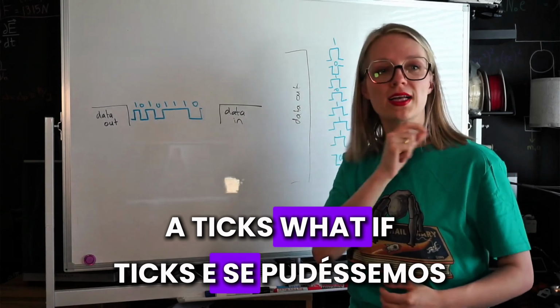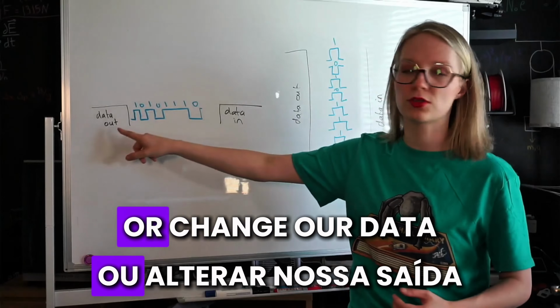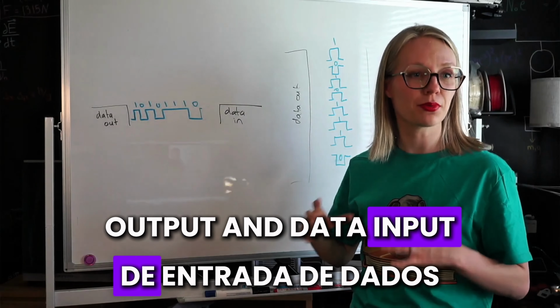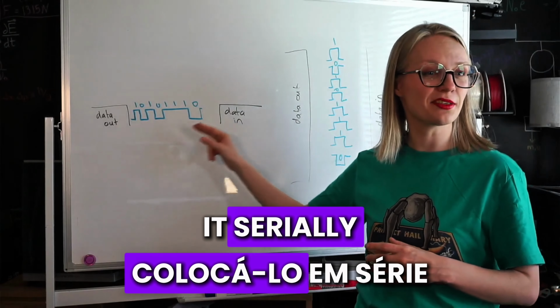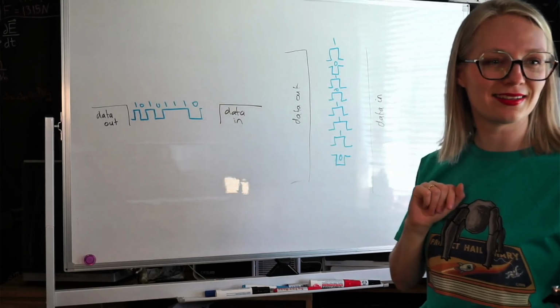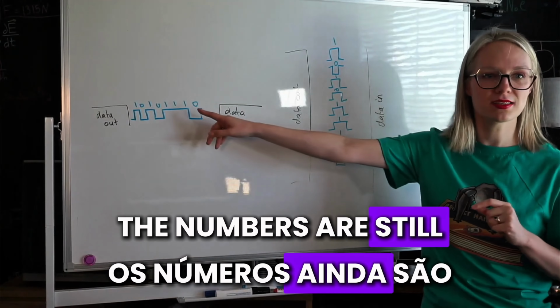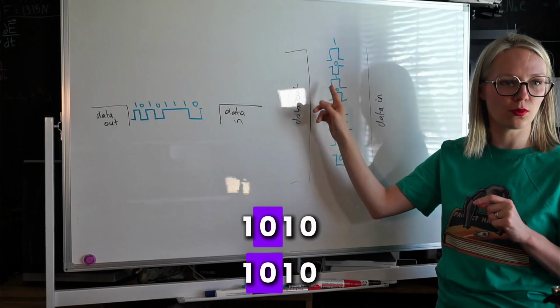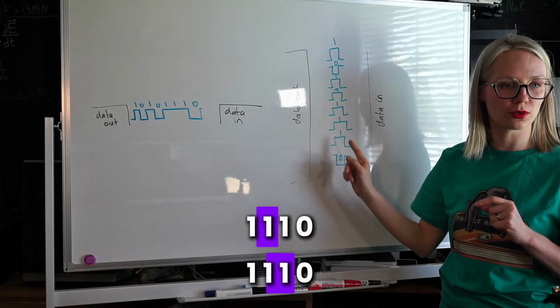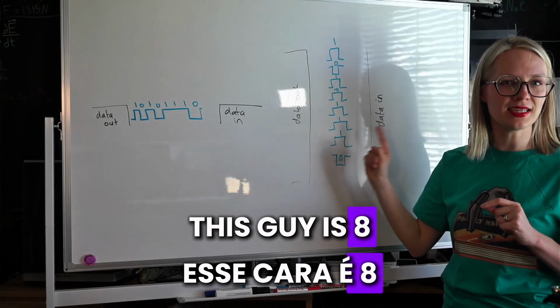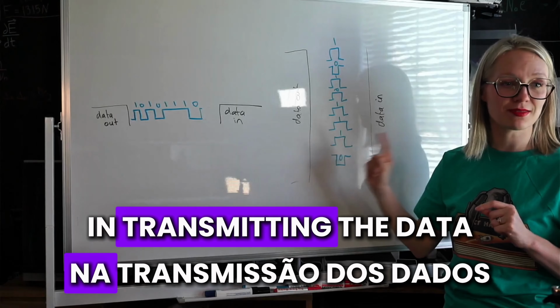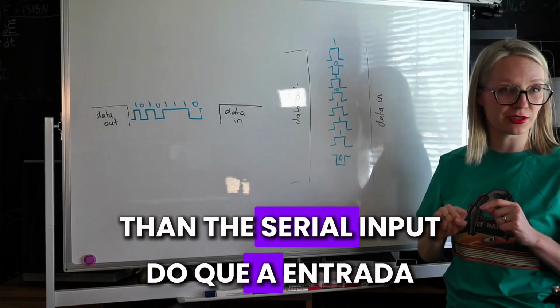8 ticks. What if we could adapt or change our data output and data input ability, and instead of putting it serially, put it in parallel? What happens now? The numbers are still the same in the right order, 1 0 1 0 1 1 1 0. This guy is 8 times faster in transmitting the data than the serial input.